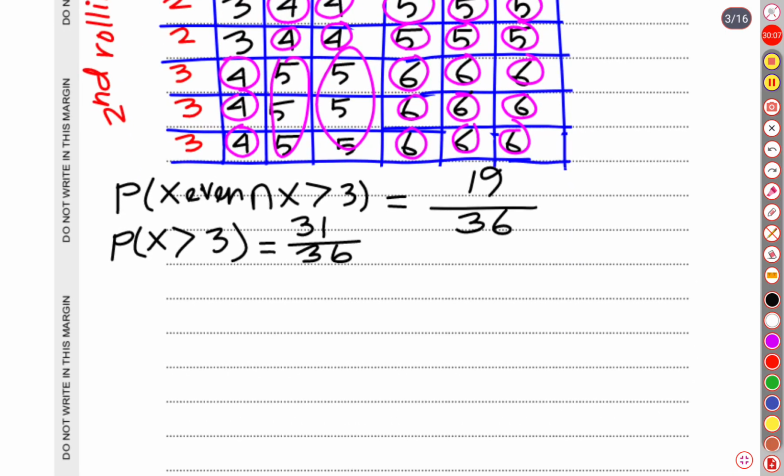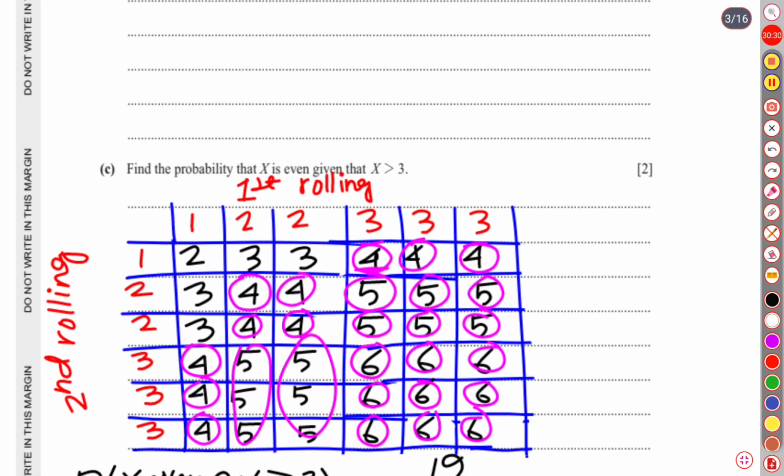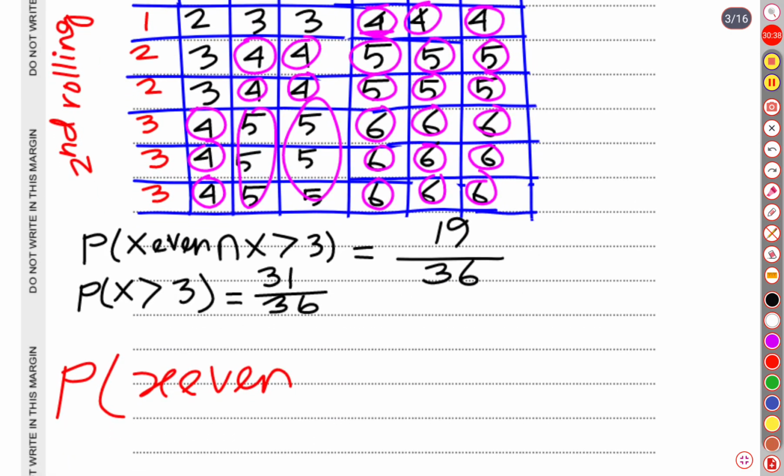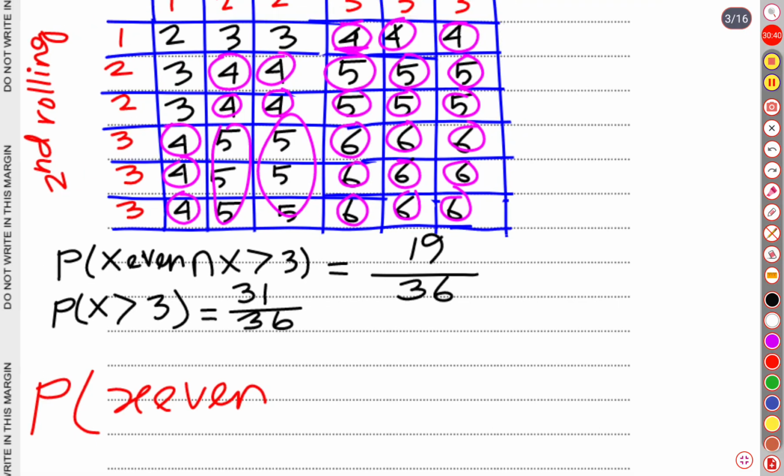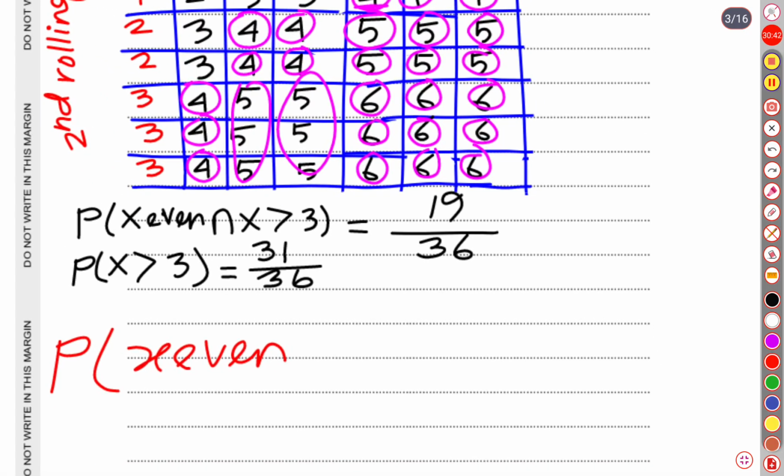They have told that probability of x is even given that x is greater than 3, look at this, the question said x is even given that x is greater than 3. So we'll just copy this over here. X is even, it will be definitely uppercase X.